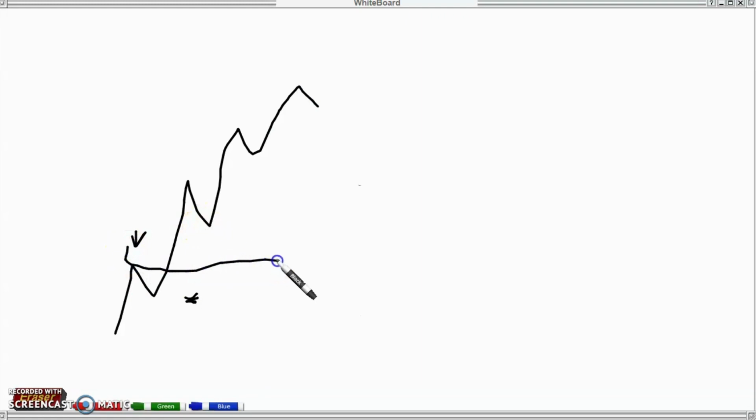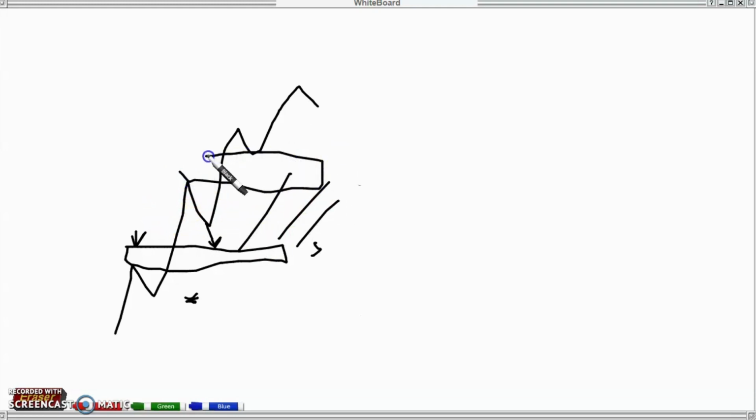It broke that, came back to retest that resistance, and made it a support now. Your entry points will be around these areas to try and buy the market up because you can see it's in an uptrend, forming higher highs. So you're trying to buy at these points of support when you see it's going to continue in that trend. Now it's another break, a retest, and another buying opportunity.